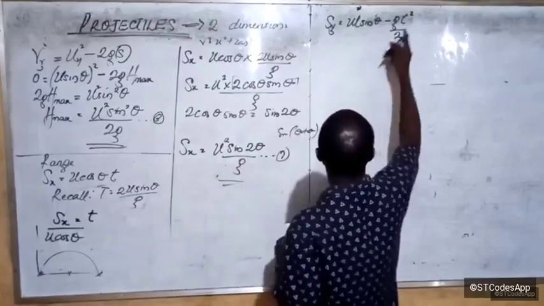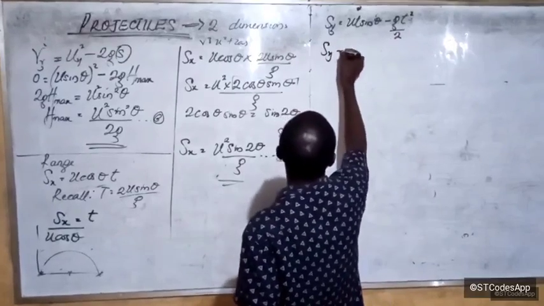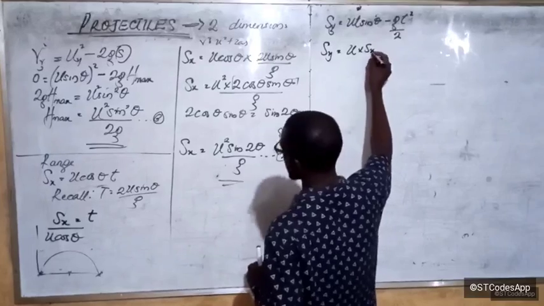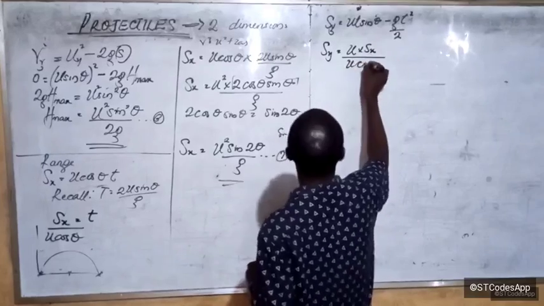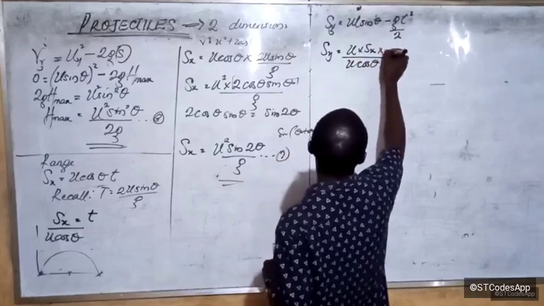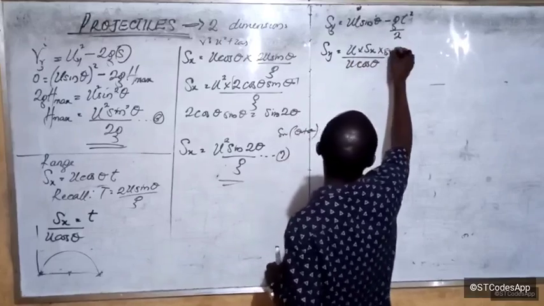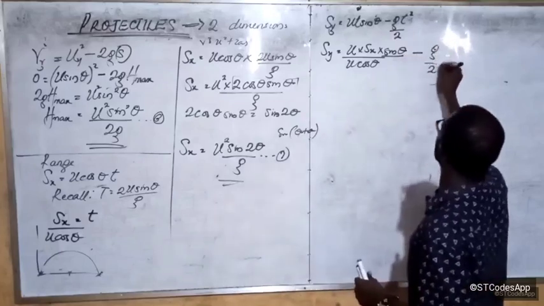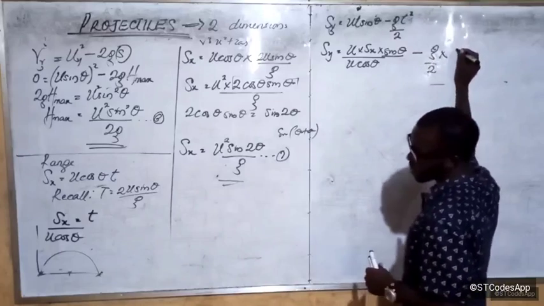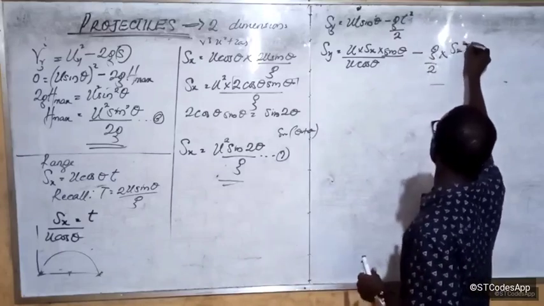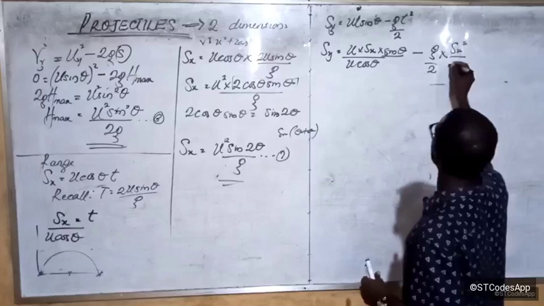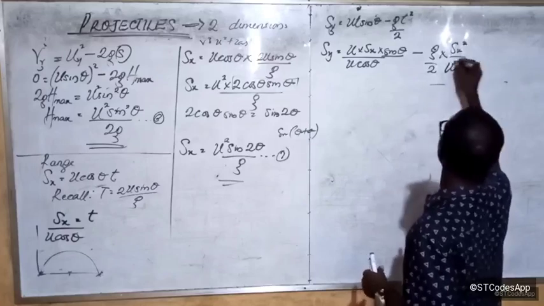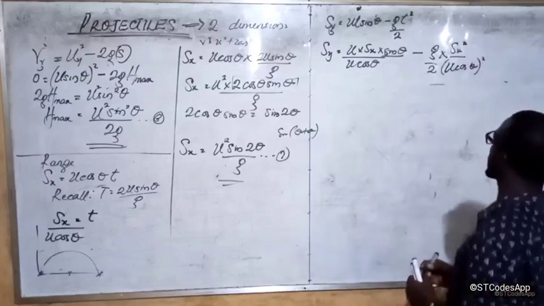So we have s sub y will equal u times s sub x over u cos theta times sine theta, minus g over 2 times t squared, which will become s sub x squared over u cos theta all squared.